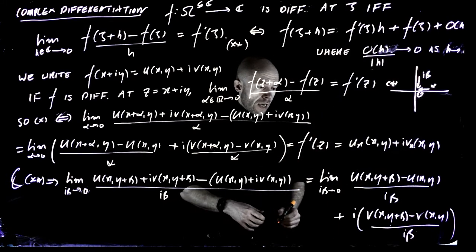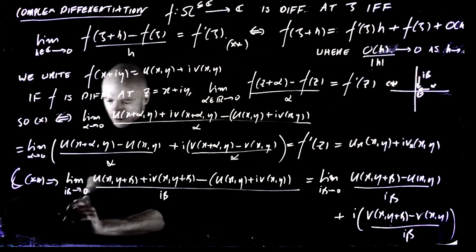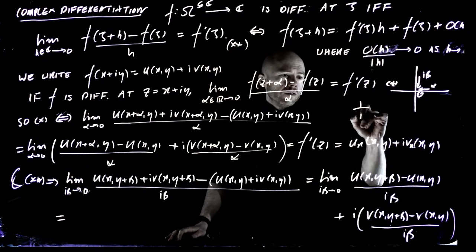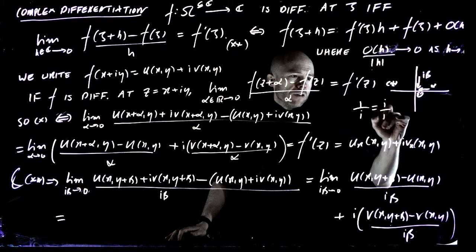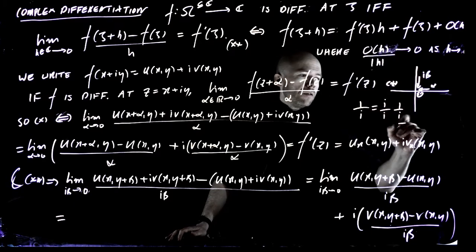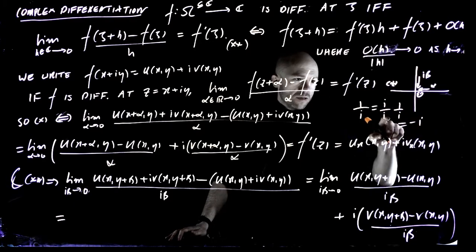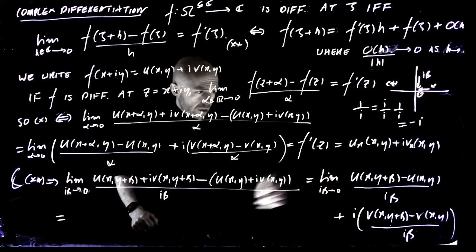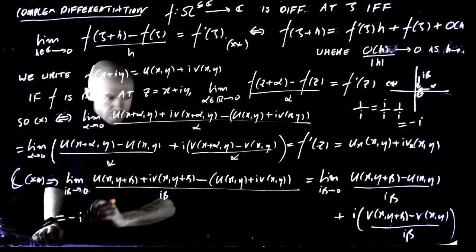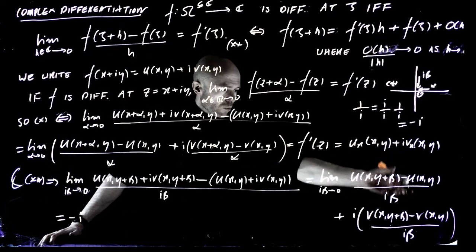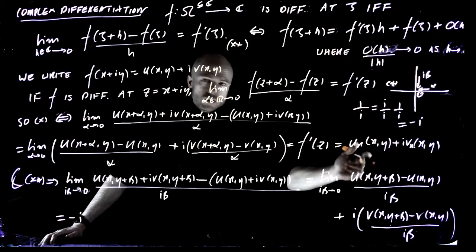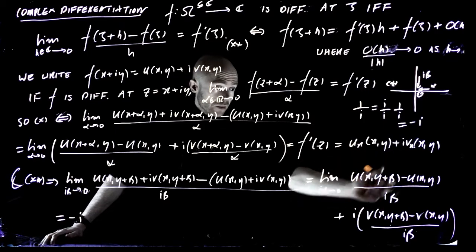Cool. And then what happens to this? Note that 1 over i is the same as i over i times 1 over i, which is just minus i, right? Because i times i is minus 1. So this thing over here will now become minus i, and again we can break up this limit of the sum into the sum of the limits, because both of these limits have to exist.